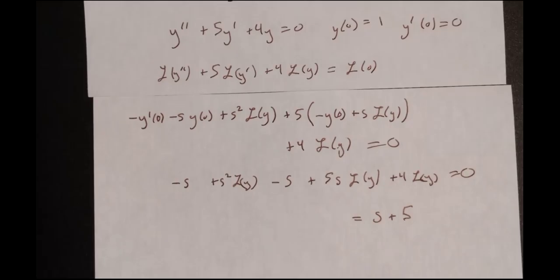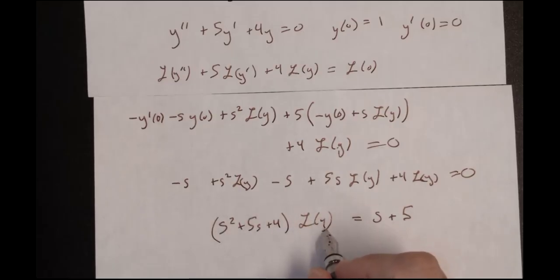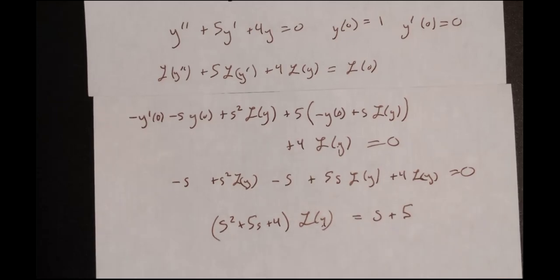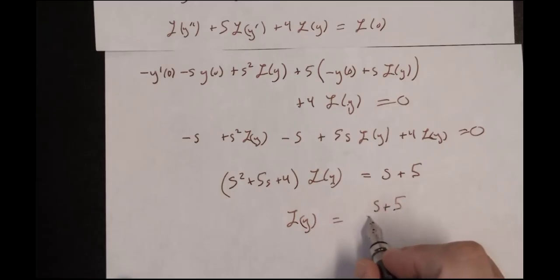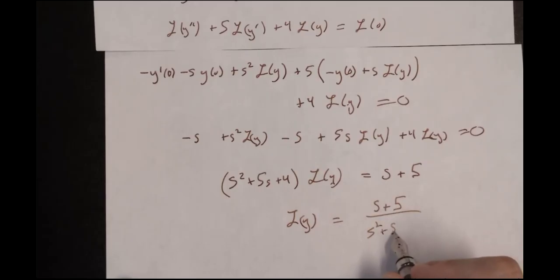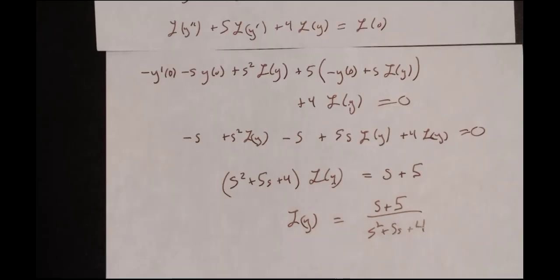What's on the left? Which means I have L of y. L of y is s plus 5 over s squared plus 5s plus 4.